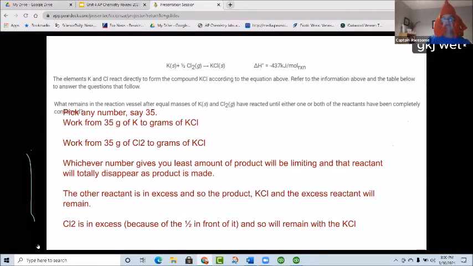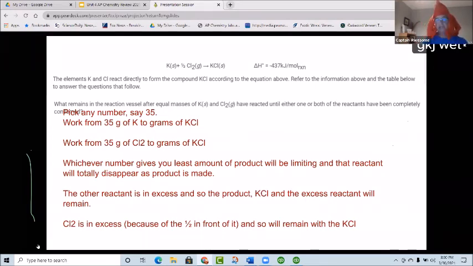So if K is limiting, there will be Cl2 left over, and all the K will be used up. If the Cl2 was limiting, then there would be no Cl2 left. There would be some K left. And it doesn't matter which one you do, there would be some KCl made. So there'd be some products and some leftovers of one of the reactants.